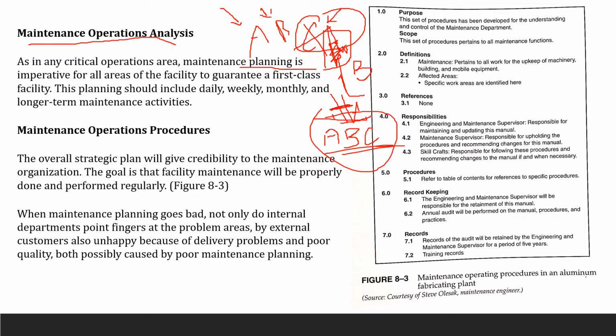Then we come to this: planning should include daily, weekly, monthly, and longer-term maintenance activity. Longer-term maintenance activity, what is that? That is your system and your equipment life cycle.